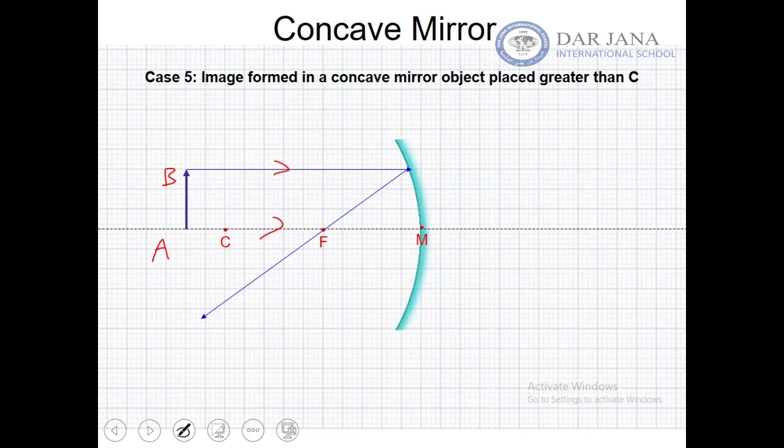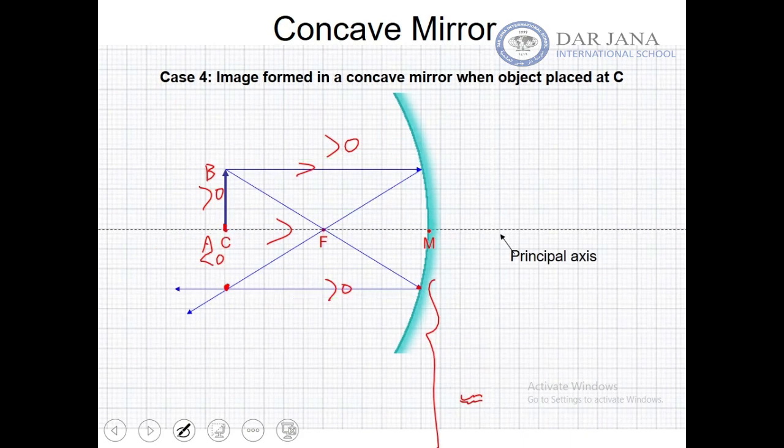Now the second light ray also passes through point F and hits the mirror. So in this case, the reflection will be parallel to the principal axis. The reflected rays meet at this point, the point of intersection of the reflected rays, which represents the image. So this is A prime, and here we have B prime.